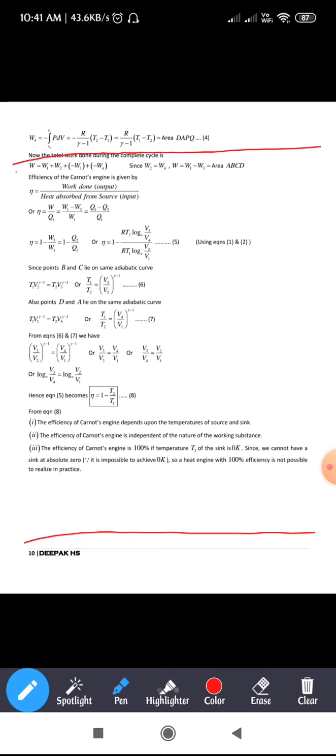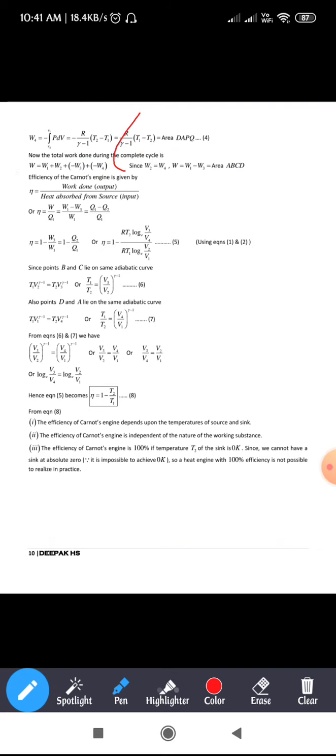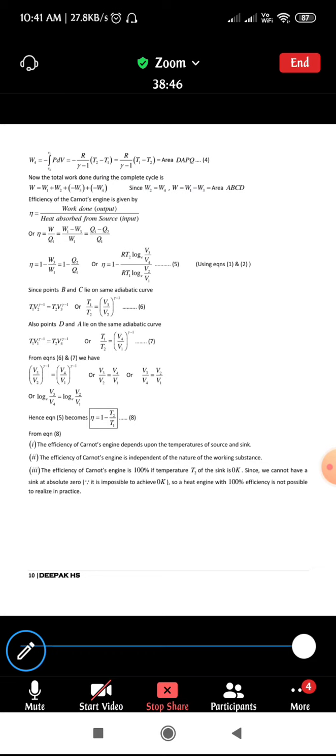Here the temperature has changed from T2 to T1, so we have taken T2 minus T1. Since we have the negative sign, in order to write the positive, we write R divided by gamma minus 1 into T1 minus T2. That is equal to the area DAPQ, which is represented in the PV diagram.